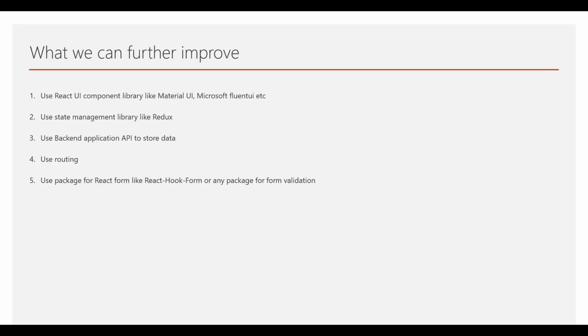Then we can use a state management library like Redux, so we don't need to pass state from one component to another. You can think we have a lot of hierarchy, so how will we do that? Redux helps there. Instead of storing data in local storage, we can create a backend API to keep that data. Also in this application we haven't used routing, we have just shown and hidden the components. We can improve that by using routing.